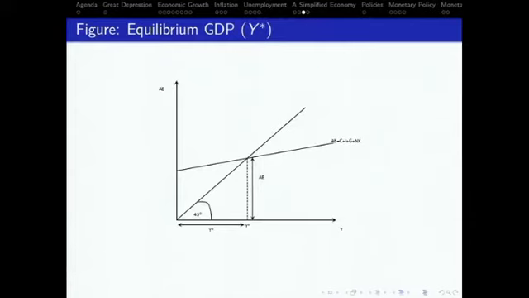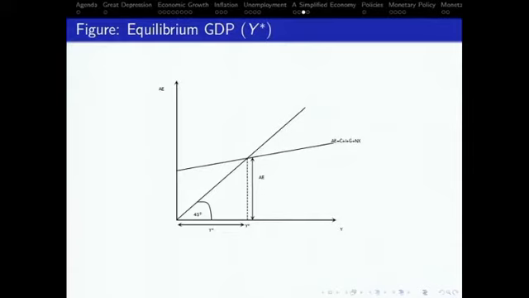What is the purpose of the diagram? I already explained. The purpose of this diagram is to show you that at equilibrium, your income must be equal to expenditure. So when you draw the 45-degree line and the aggregate expenditure intersects the 45-degree line, you'll find that your aggregate expenditure will always be equal to your income, which you are showing on the horizontal axis. Aggregate expenditure you are showing on the vertical axis. Why is that? Look at the triangle.